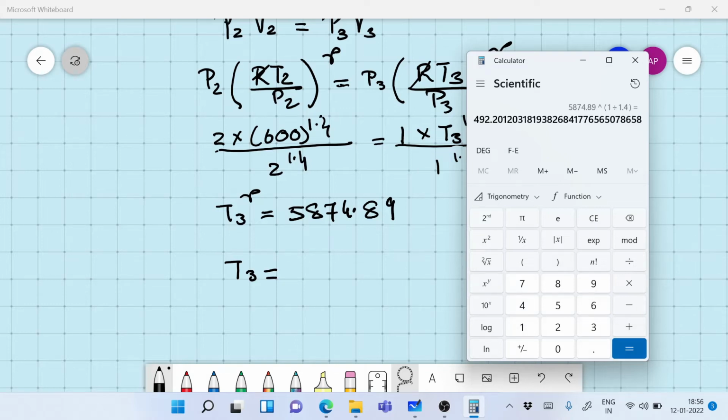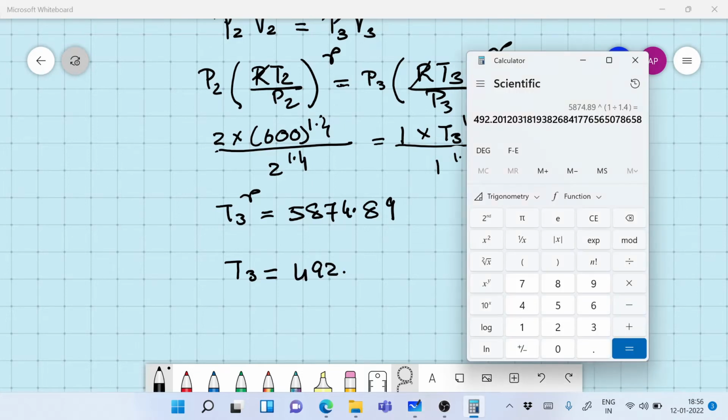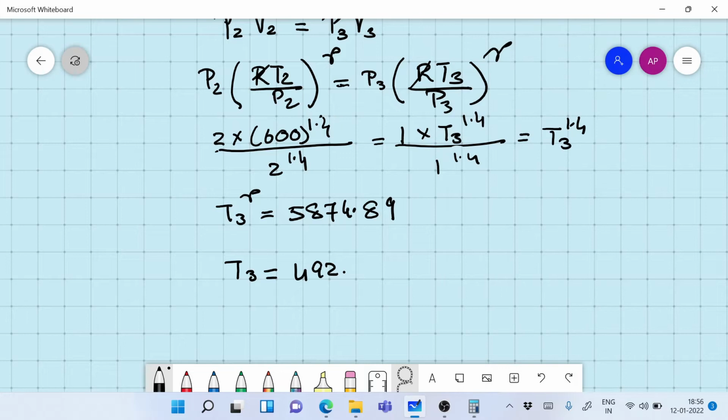So we get the final answer where T3 is 492.2 Kelvin. That's it. We are done.